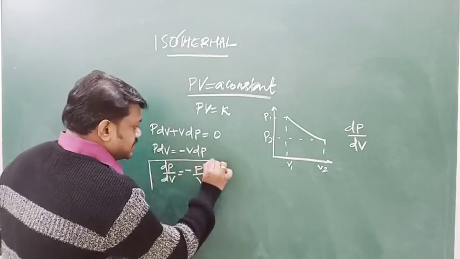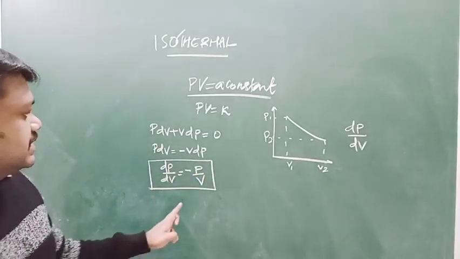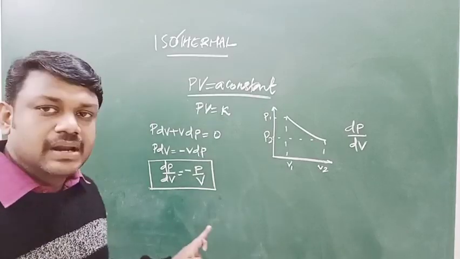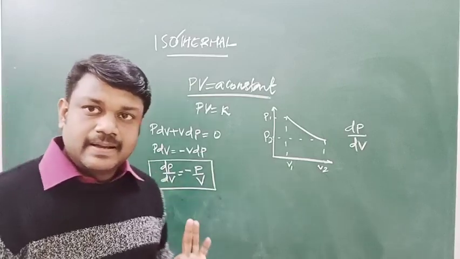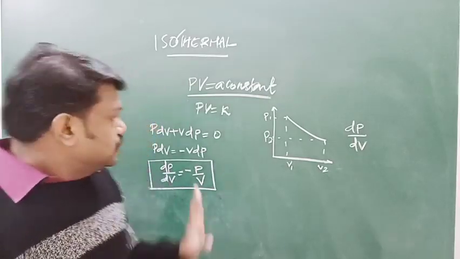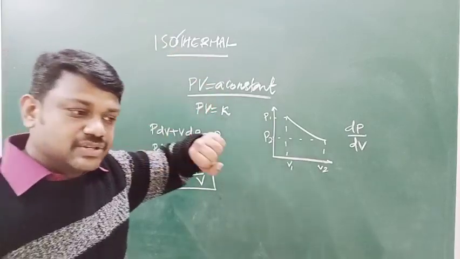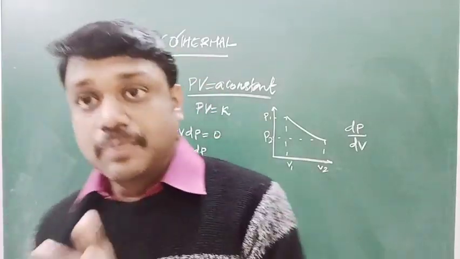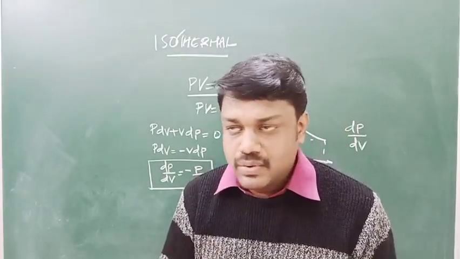This is the slope of an isothermal curve or an isothermal process. Important. So this is an isothermal process in which the temperature remains constant for the system throughout the process, and there is heat transfer between the system and its surroundings.